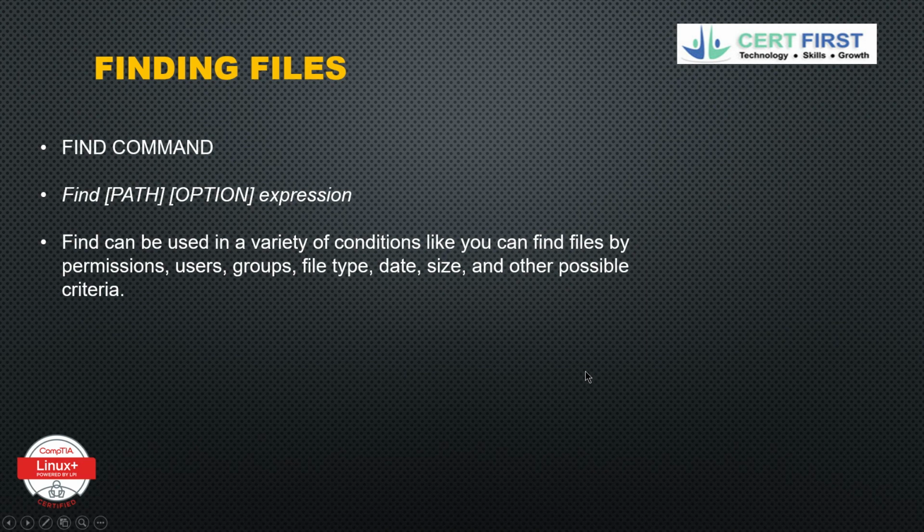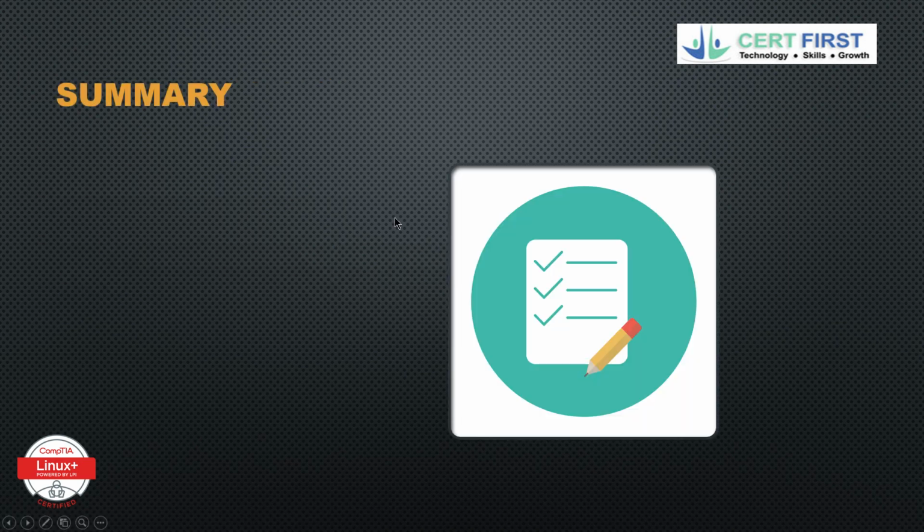You can find files by permissions, users, groups, file date, time, size, etc. Being able to effectively use the right commands in the shell to find information is vital for your daily job. It allows you to solve problems, manage files, gather information, look at text files, and so on.